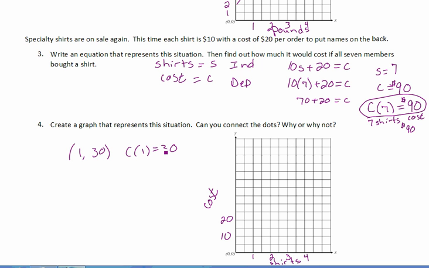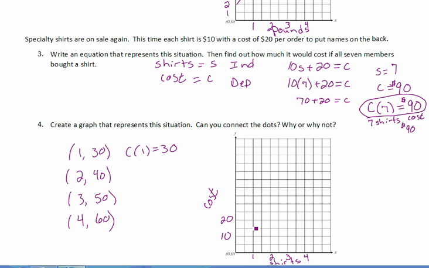One shirt costs $30. 2 actually doesn't cost 50. I need to slow down and do the math on this. If I put 2 in here, it costs 40 because it's just always going to cost me $10 more if I increase by one shirt.